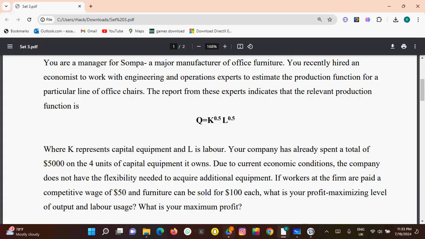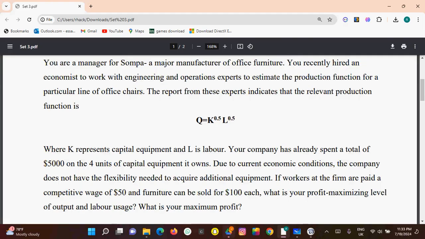The report from these experts indicates that the relevant production function is Q is equal to K raised to the power 0.5 L raised to the power 0.5.